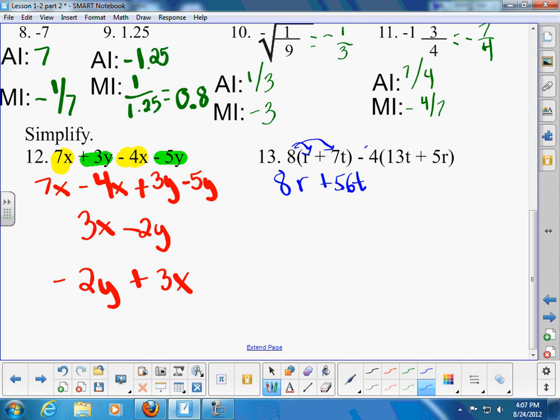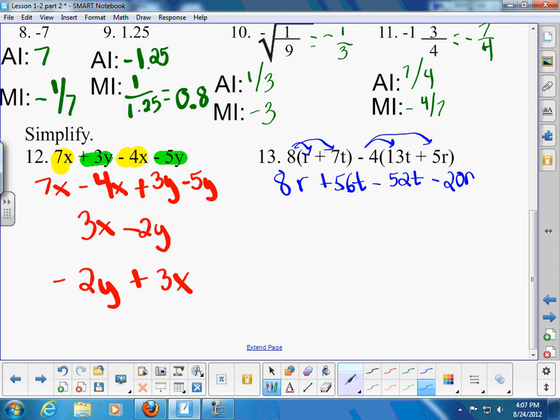Next, distribute not just a 4, but a negative 4. Negative 4 times 13 would be negative 52t. And negative 4 times 5r would be negative 20r.